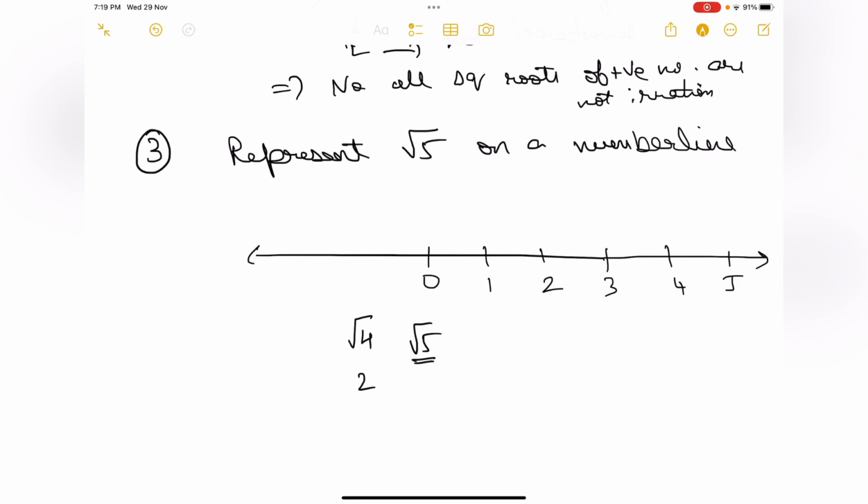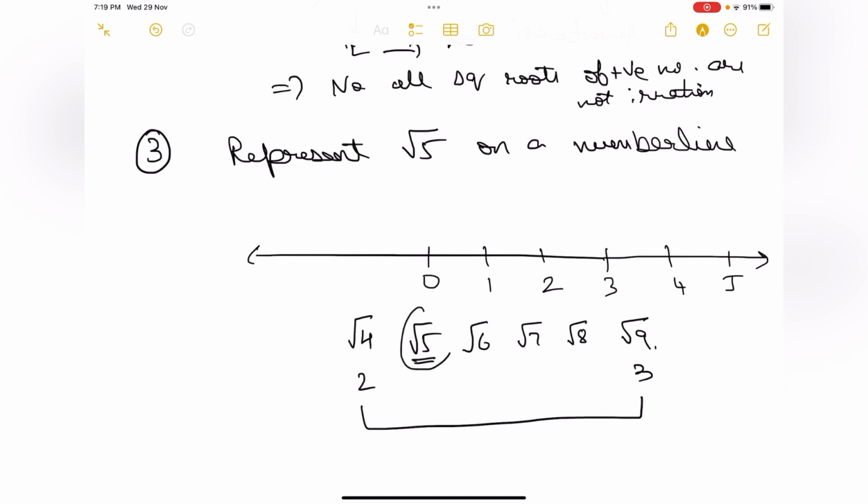Then you have root 5, root 6, root 7, root 8 and root 9. Root 9 is 3. So this implies that your root 5 will be somewhere in between 2 and 3, right? So it will be somewhat like this. This is how you represent root 5 on the number line.